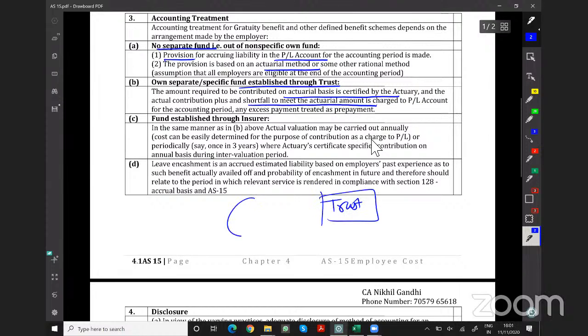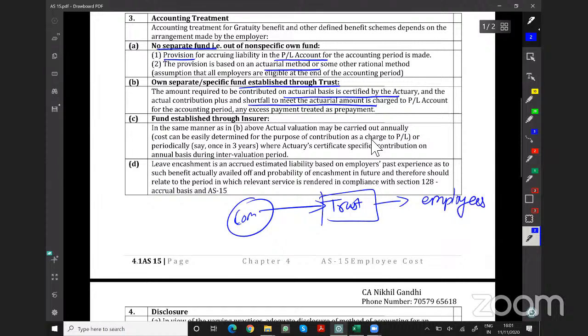So in the first case, the company directly pays to the employees at the time of retirement. In the second case, the company will create a trust. The company will deposit or transfer the amount to the trust, and at the time of retirement, the trust will pay to the employees. So very good.